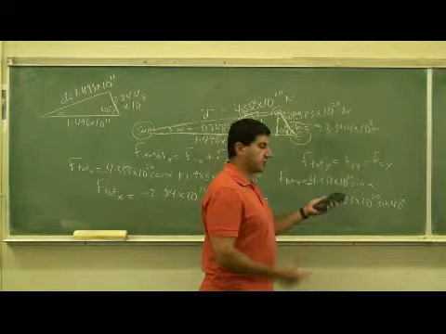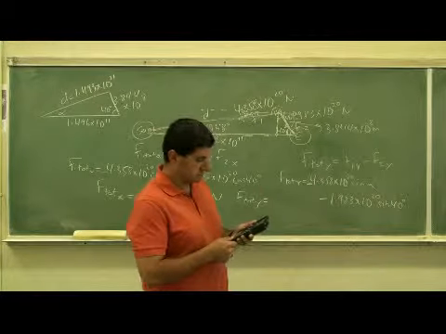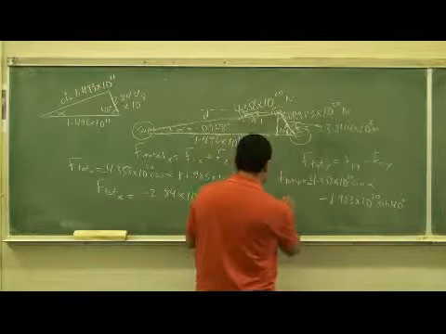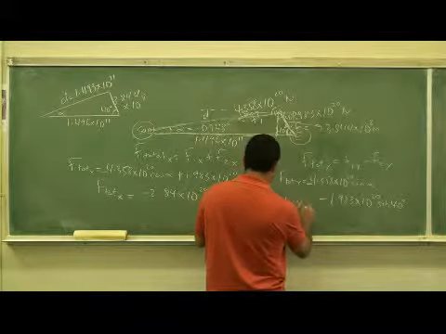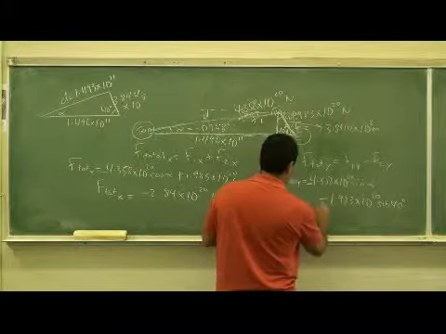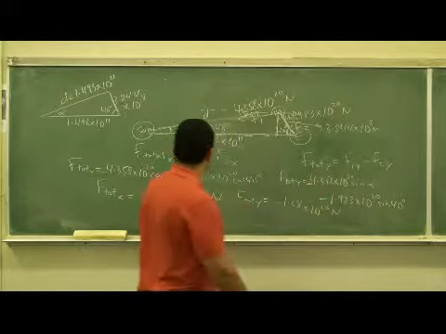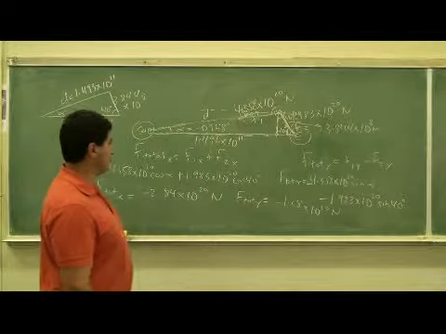Because they're both negative, they just basically add up. Negative 1.28 times 10 to the 20th newtons. So that's the total force on the Moon due to both of them.